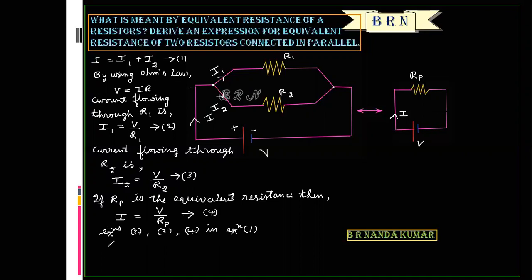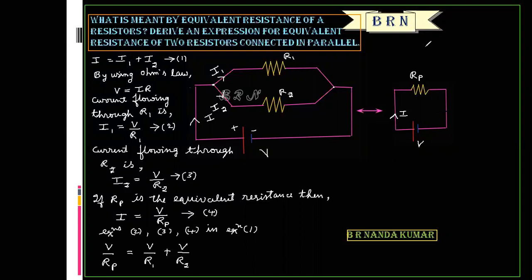Then we get this value of I, that is V by RP, equal to I1, V by R1, plus I2, V by R2.